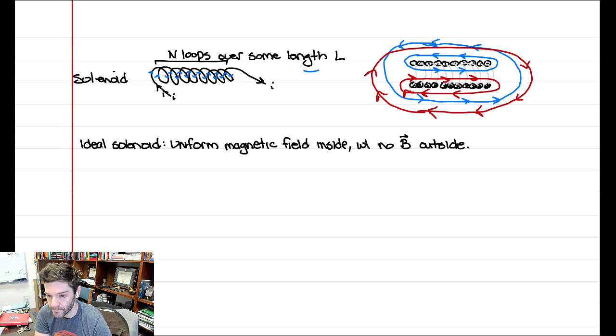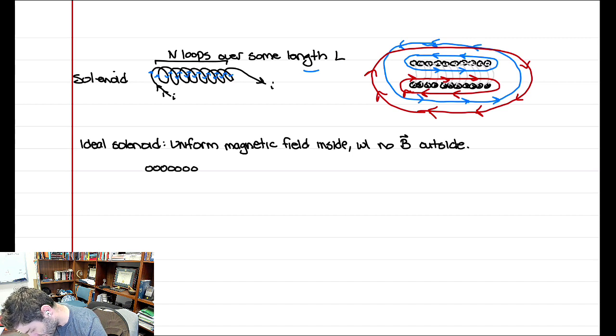And so what ends up happening is that you get something that looks like this. If this is the solenoid, and again we're going to a cross section, you have a magnetic field that's uniform on the inside and is 0 on the outside. Now of course when you're near the edges there are some fringe effects.